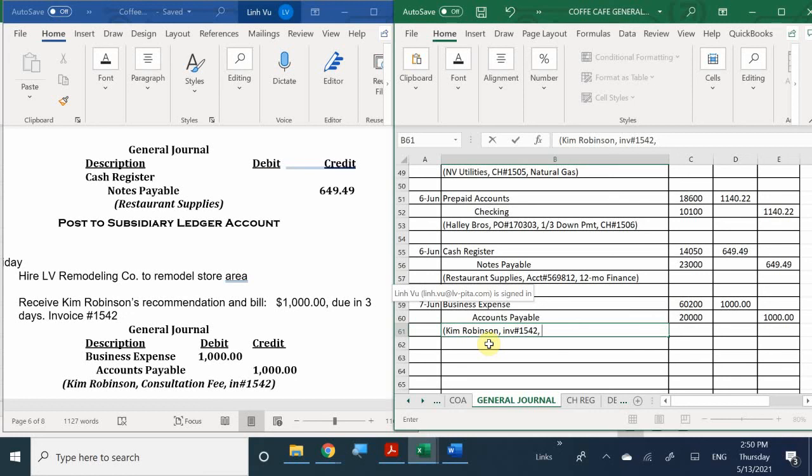And you can also put in when it's due. So in this case, net 3. The bill is due in 3 days, so in business terms, you could just consider that as net 3. And that should be pretty much all the information you need to put there.